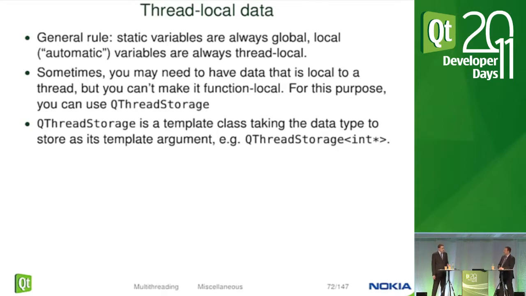Right, and that's exactly what QThreadStorage gives us. A typical use case is something like a per thread singleton. Like, you know the singleton pattern, right? Where you have an object that only exists in one single instance in the entire process.